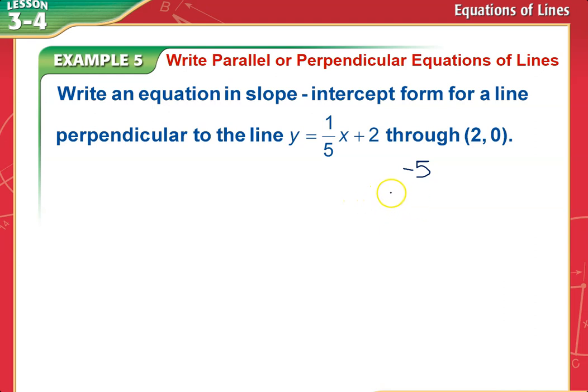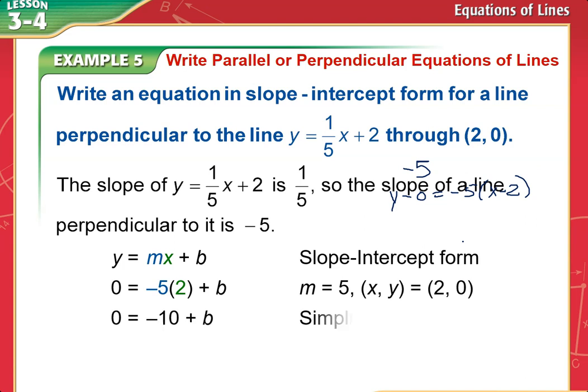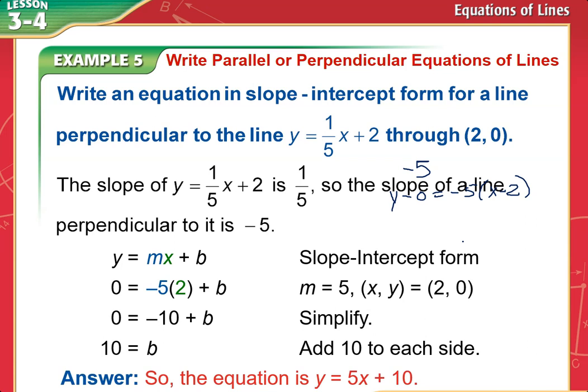So here we go. We're going to say y minus 0 is equal to negative 5 times x minus 2. And then we're going to use the distributive property and then solve for y. So we end up with negative 5x plus 10.